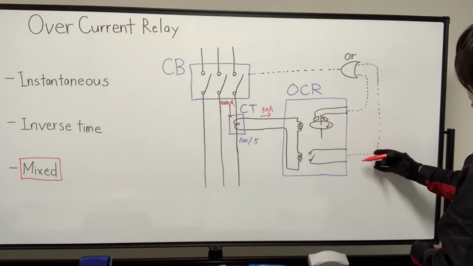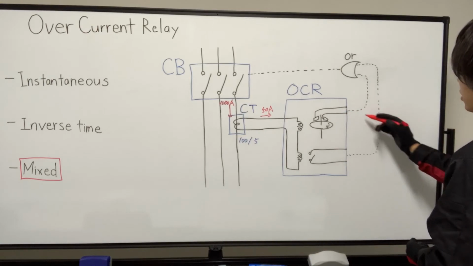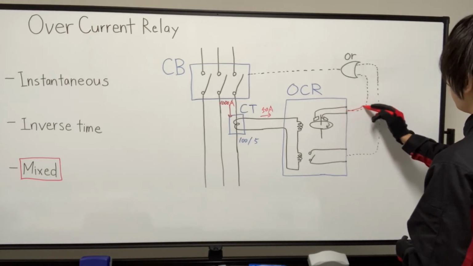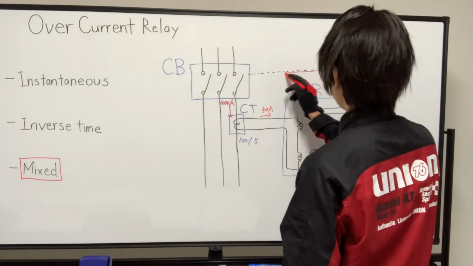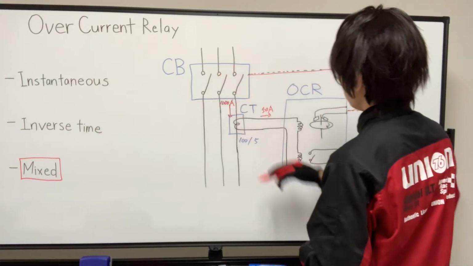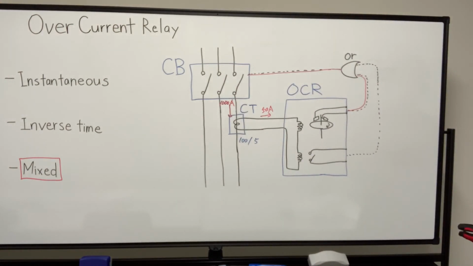So when either or both characteristics operate, the trip signal is transmitted, and the circuit breaker receives the trip signal, and it will trip. This is the basic operating principle of the overcurrent relay.